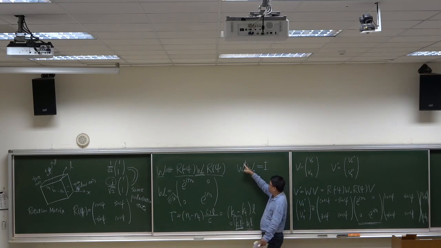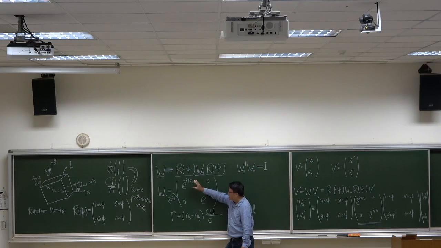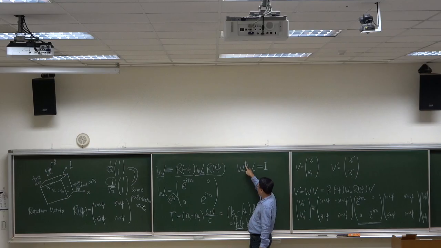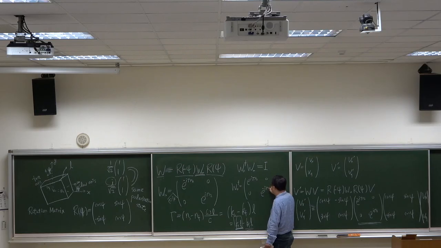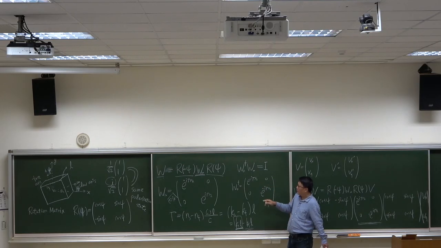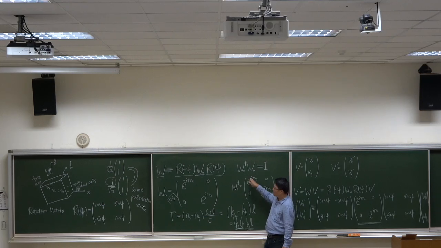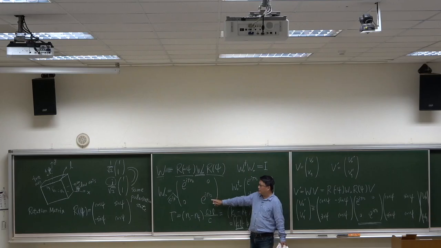Since W naught has this property, this notation dagger means taking the complex conjugate and doing the transpose. Then W naught dagger is nothing but this one. And we know that here this vector is the inverse of this vector, and this vector is the inverse of this vector.